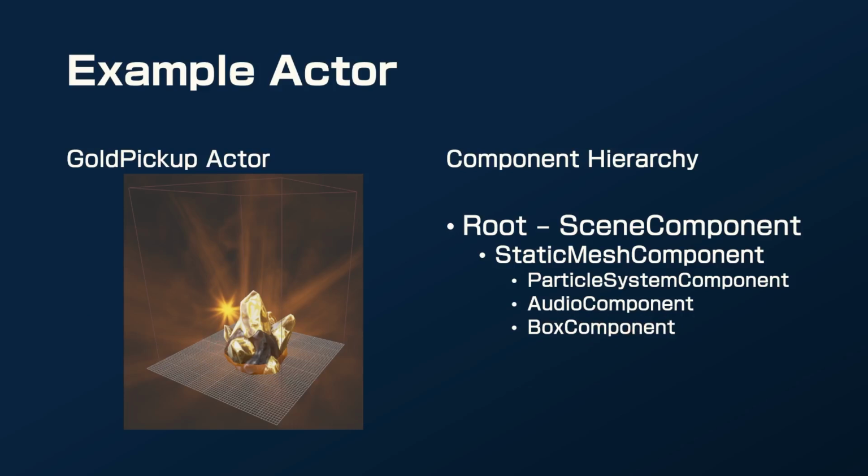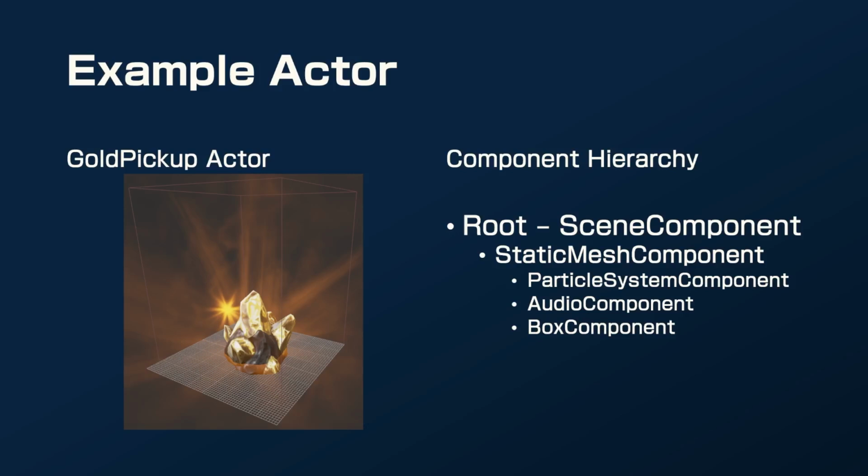An audio component can be used to play some sounds. Maybe when you get near it, you might need to hear a little shining SFX that lets you know this gold pickup is near. And a box component, so we know whenever our character is near this actor, so they can pick it up, right?